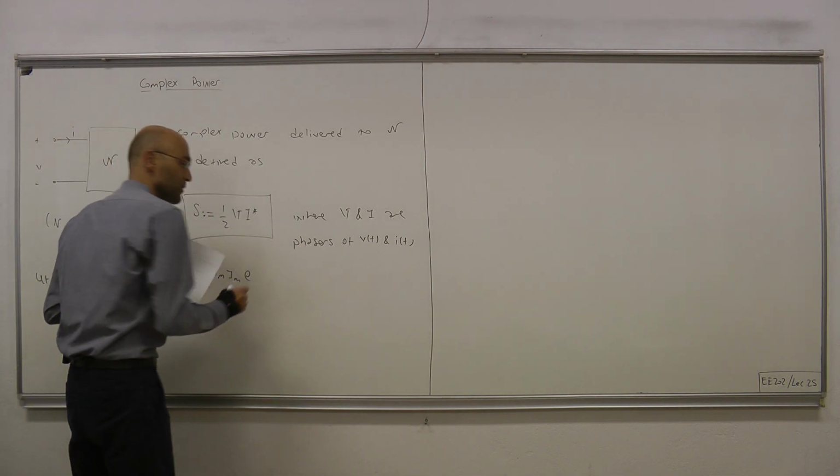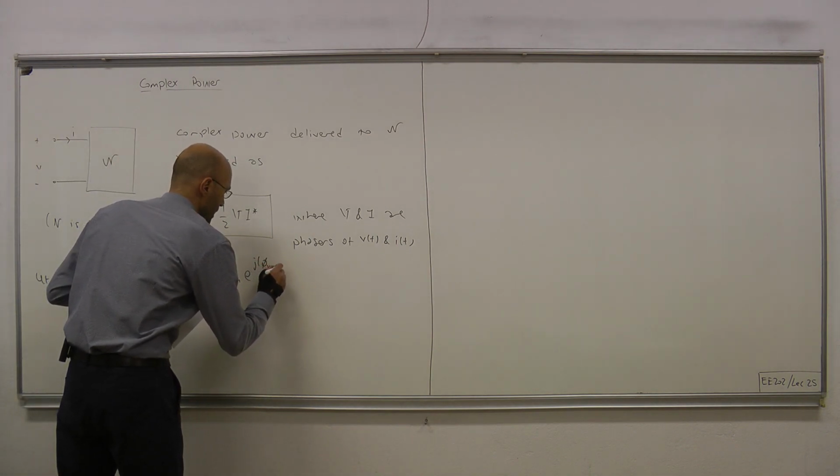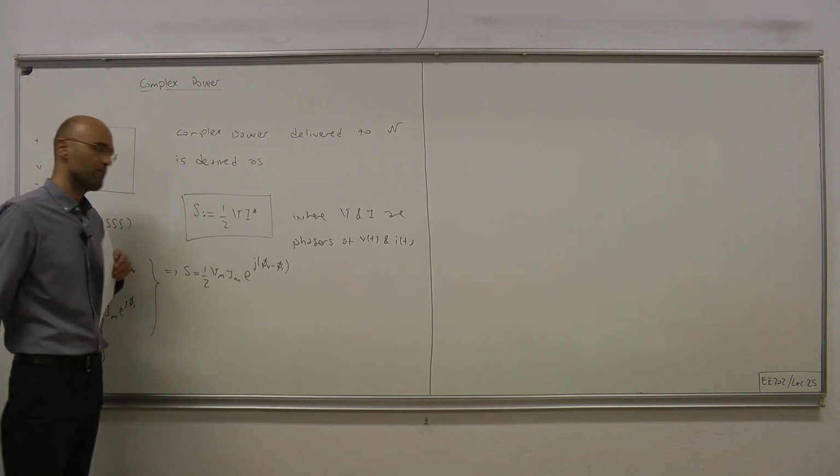That can be written as a single exponent, e to the j (phi V minus phi I).